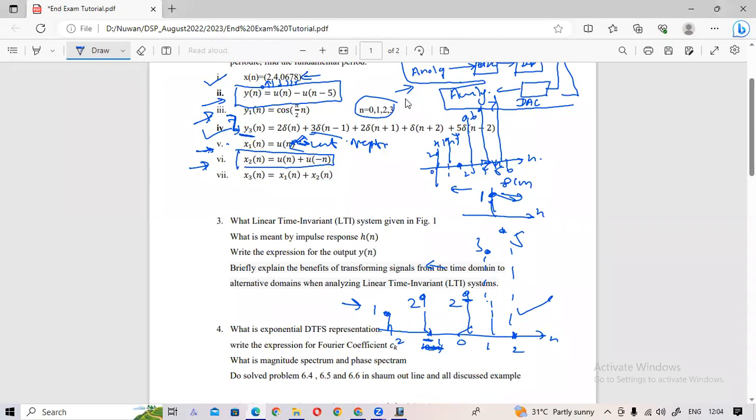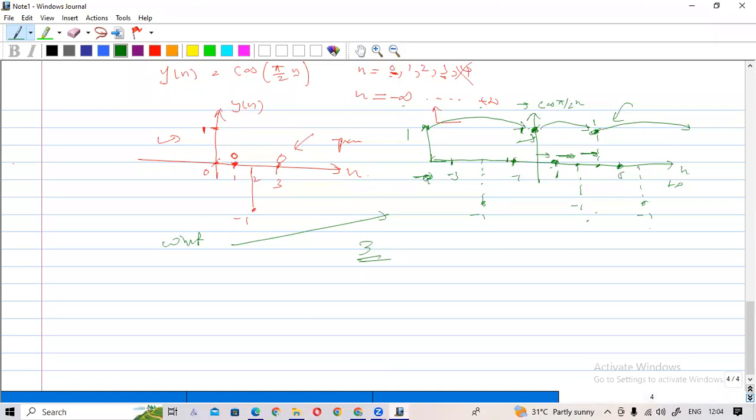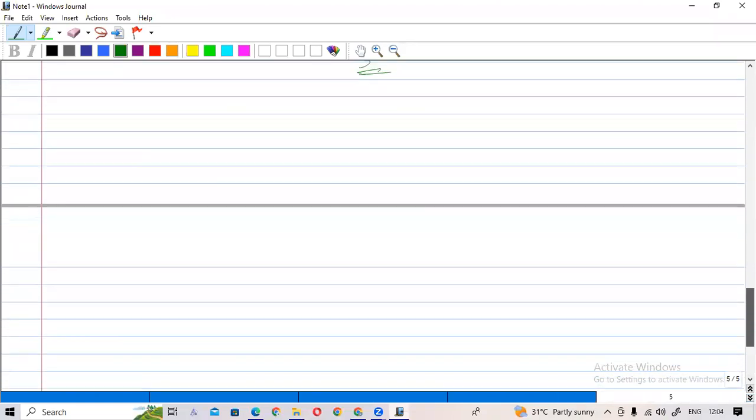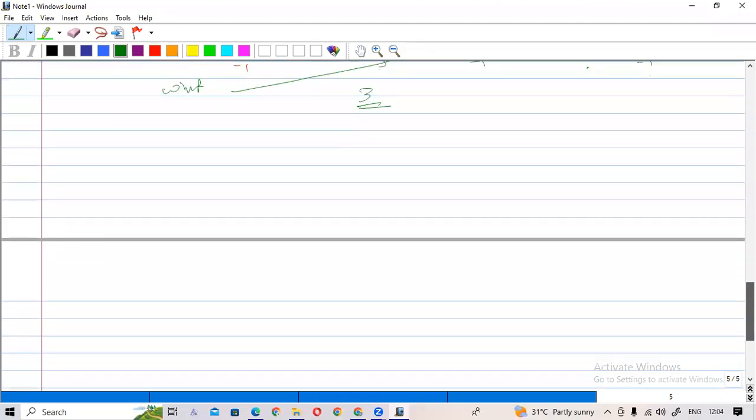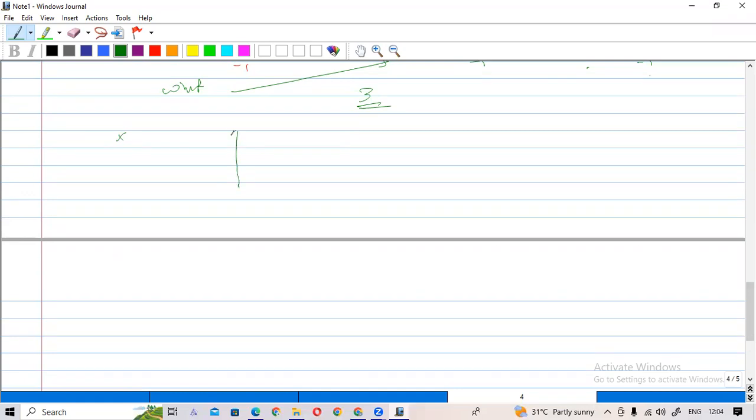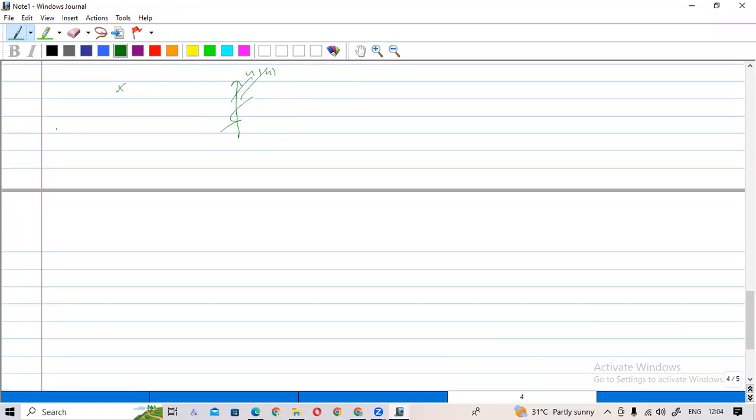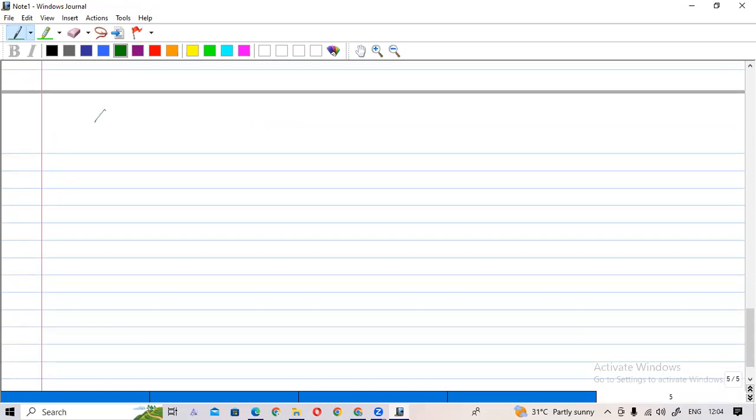So the signal is x2n. I will explain. So x2n is given as un plus u minus n.